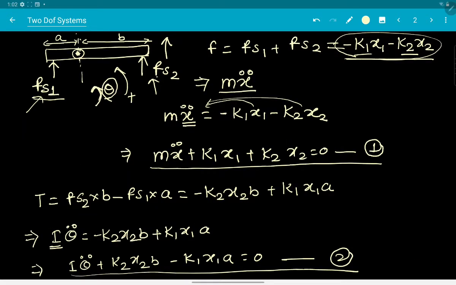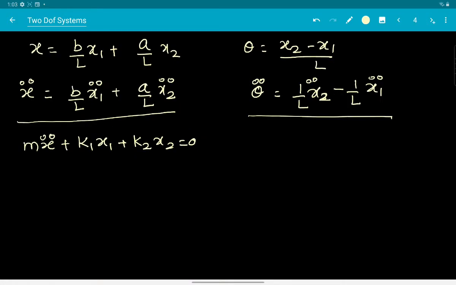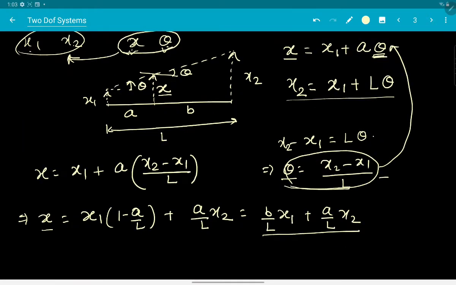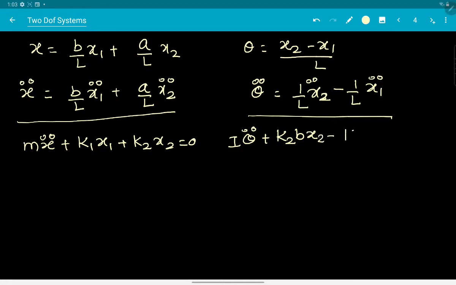Yes, it was the same one. And the other one is I theta double dot plus k2 b x2 minus k1 a x1 equal to 0.